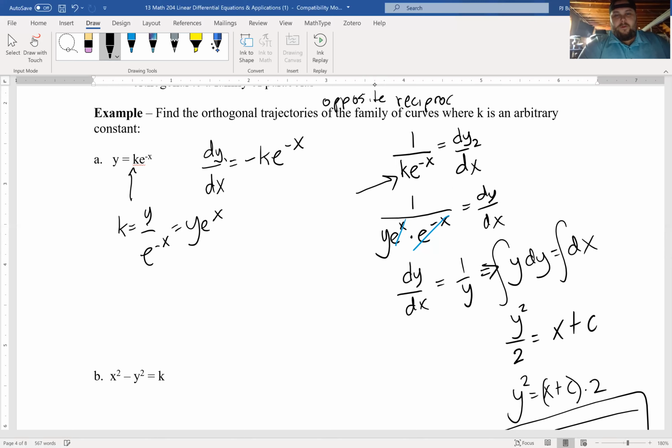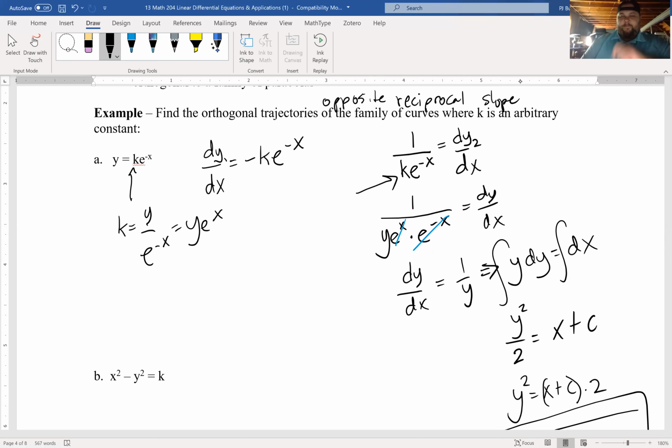To do that, we just do 1 over the function, and then the opposite is just taking the negative of it.